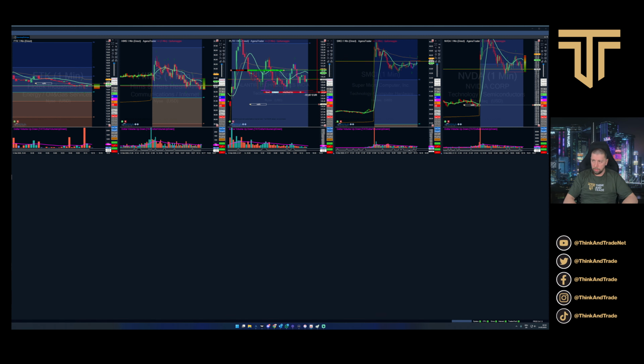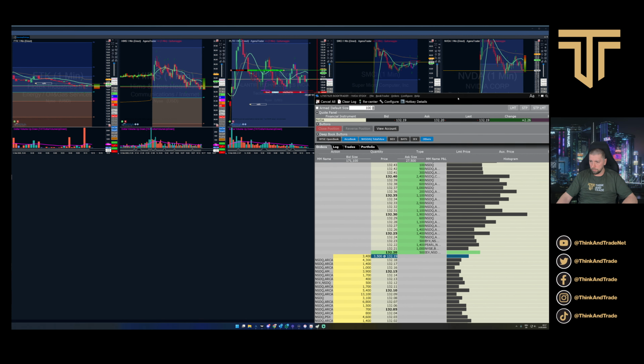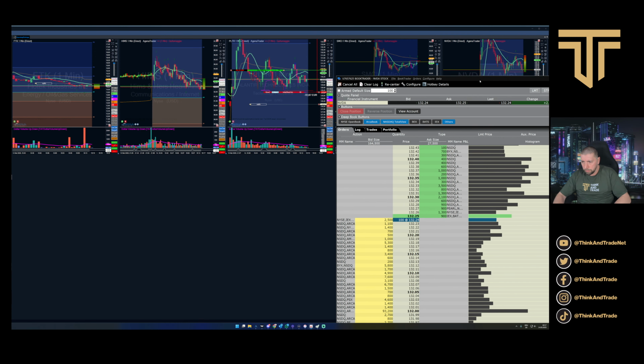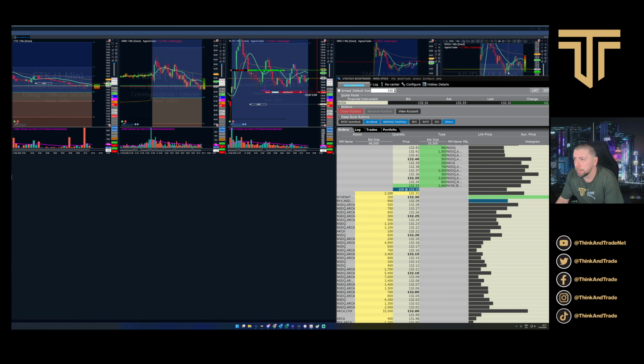Just checking what's going on with NVIDIA in the order book, because this swing low would be a very cheap stop. Question is if this thing is going to turn on the long side.